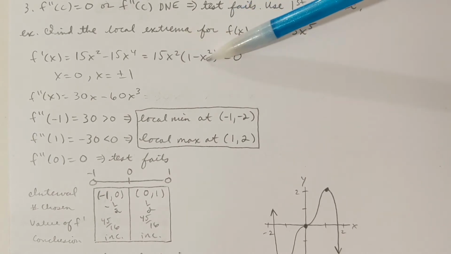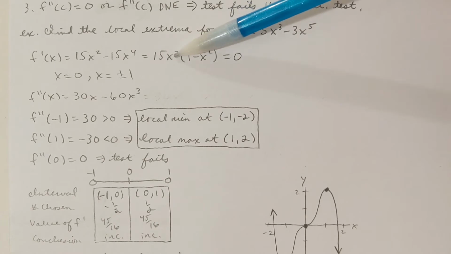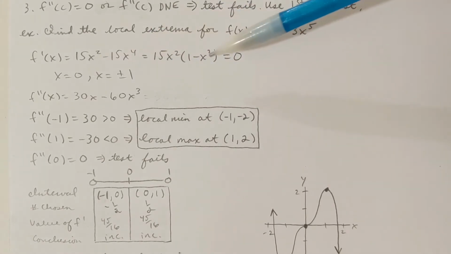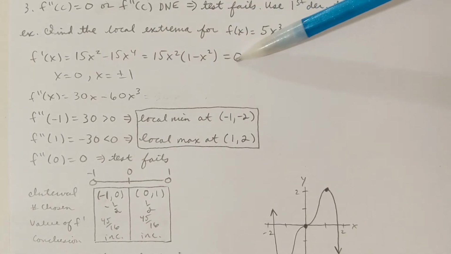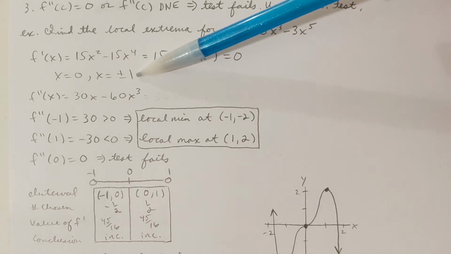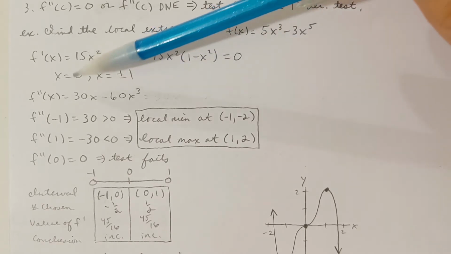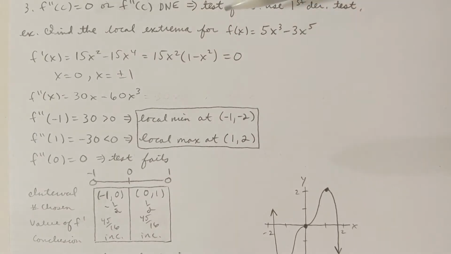Then I can set the factors equal to 0. 15x squared equals 0 means that x is 0. 1 minus x squared equals 0. Add x squared to both sides and then take the square root of both sides. Don't forget about the plus or minus when you do that, so x would be plus or minus 1.